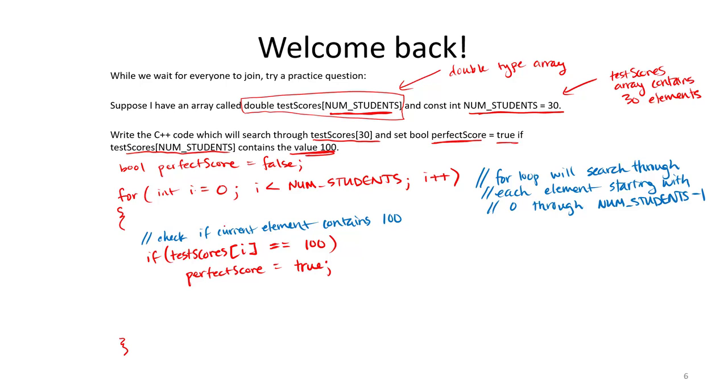We're checking each element inside our test scores array one at a time, and if the ith element contains the number 100, then we can go ahead and set perfect score to be true. We could even add a cout statement to let us know that element I contained the perfect score.